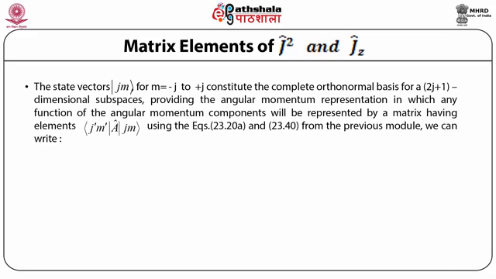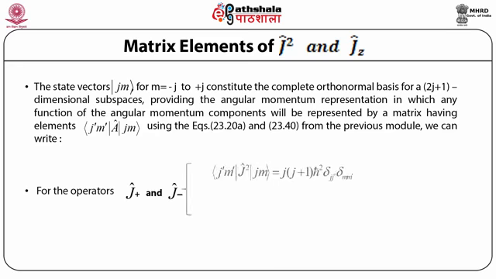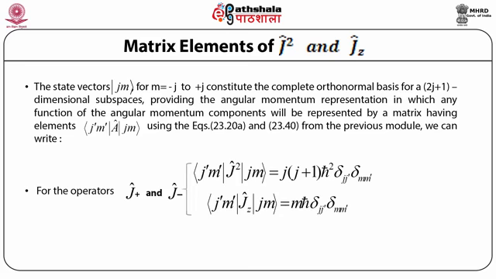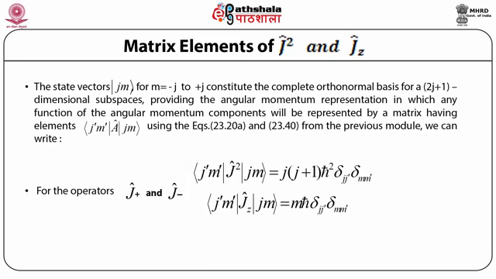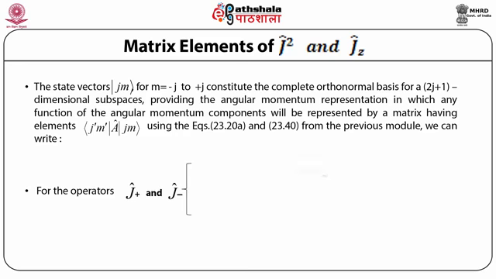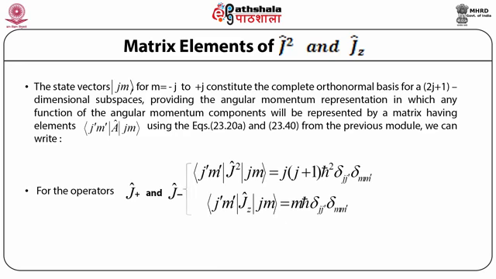And then if we solve this, we can see that the above representation can be written, for the operator J square, as the bra vector <J' M'| operator J square acting on the ket vector |J M>, and this turns out to be equal to J times (J plus 1) times H cross square, delta J J' delta M M'.